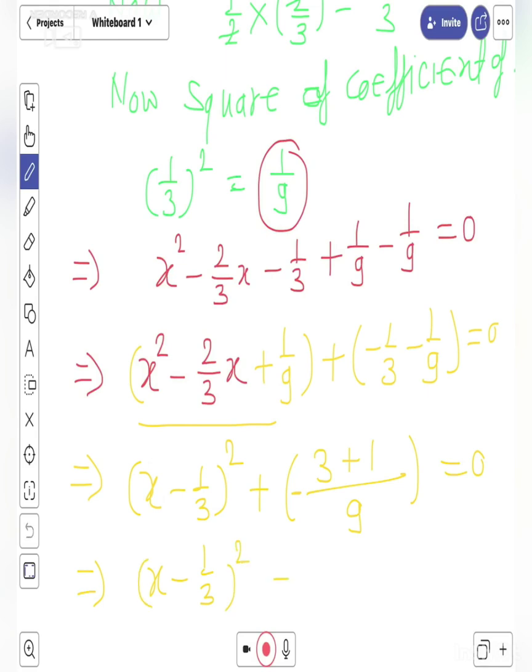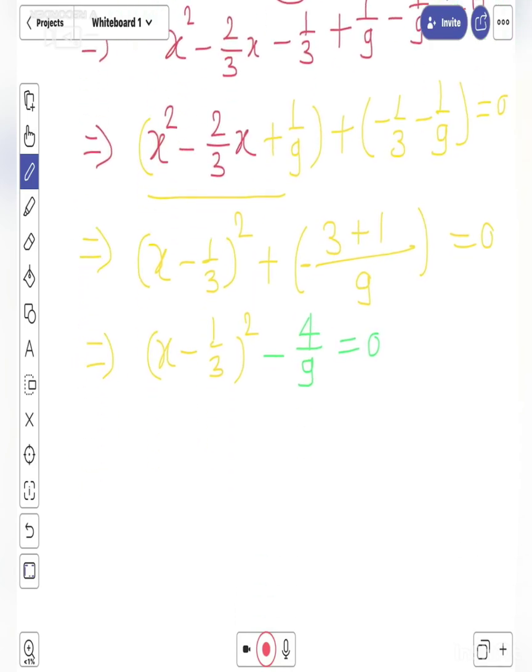You will get this x minus 1 by 3 whole square equal to just plus, this is minus. Why minus? Because the multiplication of plus and minus is minus. So you will write here minus in this place, and this is 4 by 9 equal to 0.